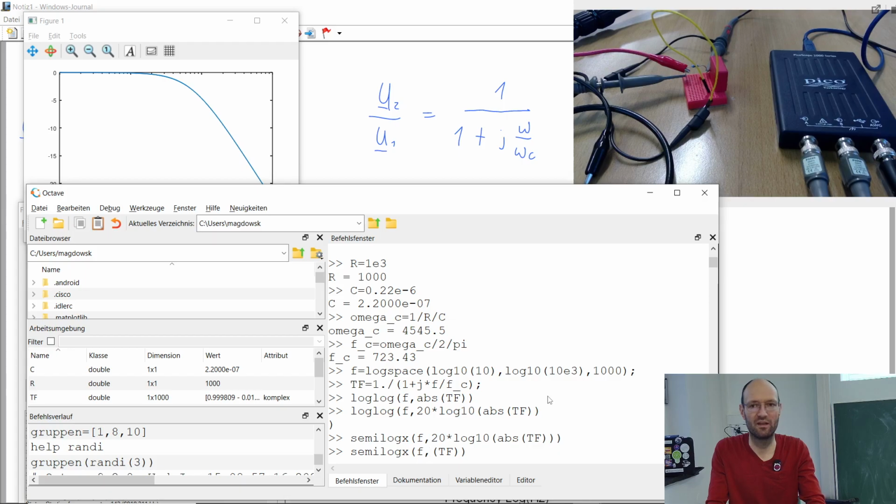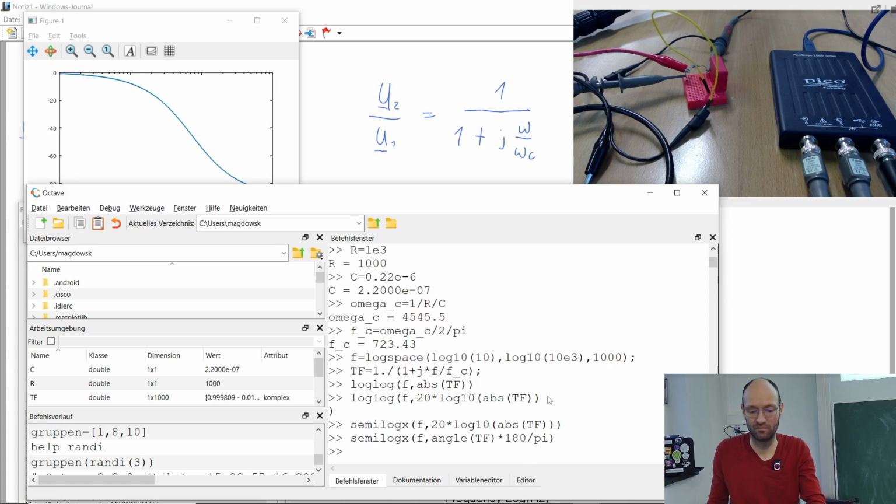This is what we already have. How do we get the phase angle? We could use some inverse tangent function, arcus tangens, or we could just say angle. Angle of some complex thing gives us the angle. This will be in radians. We want to have it in degrees, so we multiply with 180 divided by pi.